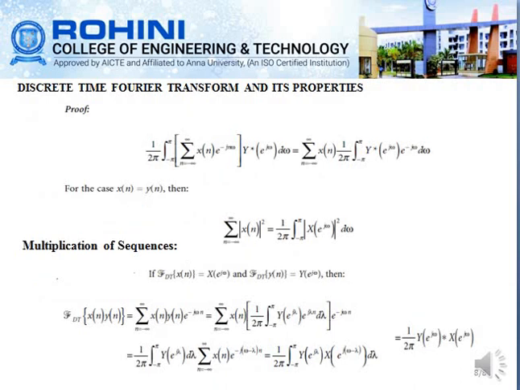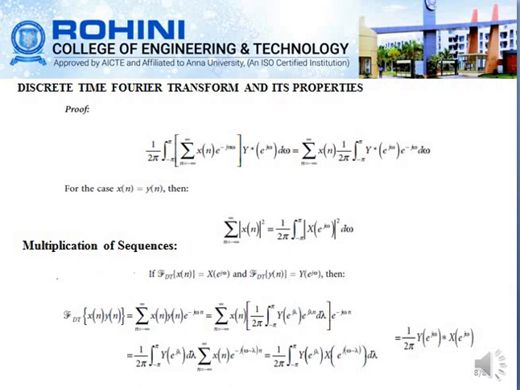Proof. 1 by 2 pi integral minus pi to pi, then substitute the value of X of e power j omega: summation n equal to minus infinity to infinity x of n e power minus j omega n into Y conjugate of e power j omega d omega. So interchange the summation and integration. Summation n equal to minus infinity to infinity x of n, 1 by 2 pi integral minus pi to plus pi Y conjugate of e power j omega into e power minus j omega n d omega.